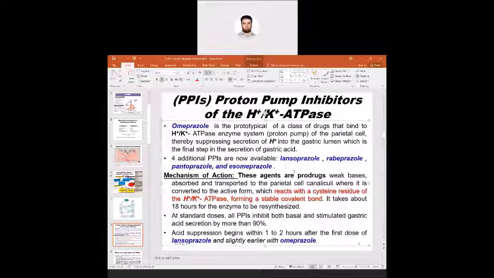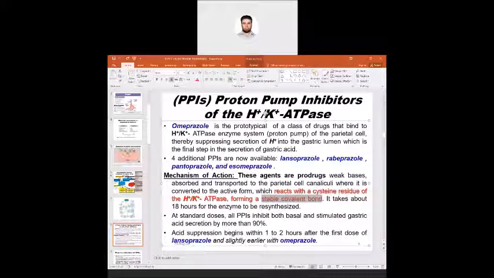And the mechanism of action is that they form an irreversible, stable covalent bond with the hydrogen potassium ATPase enzyme.